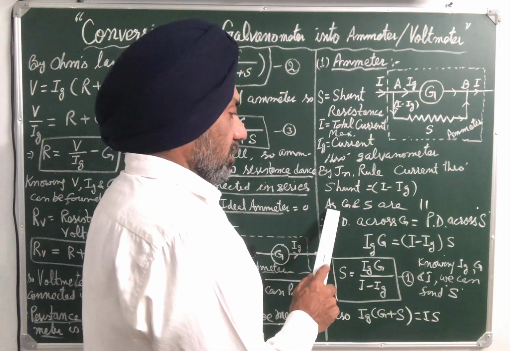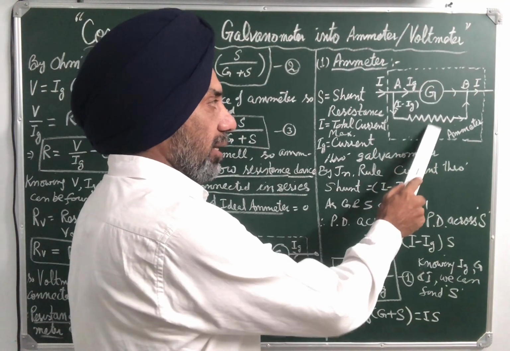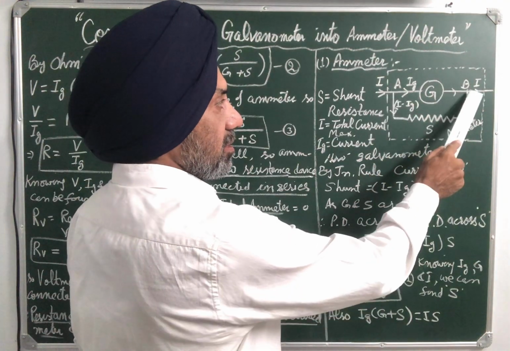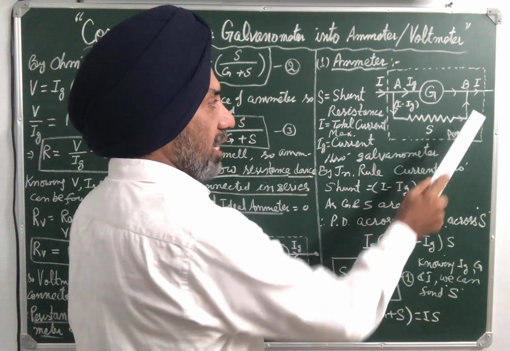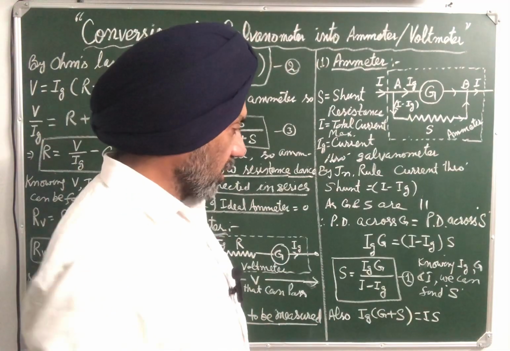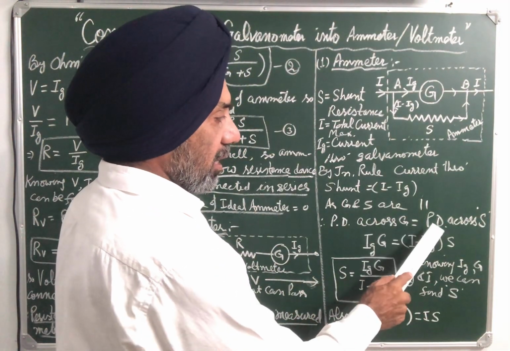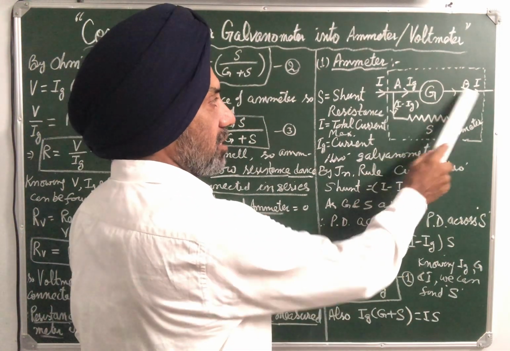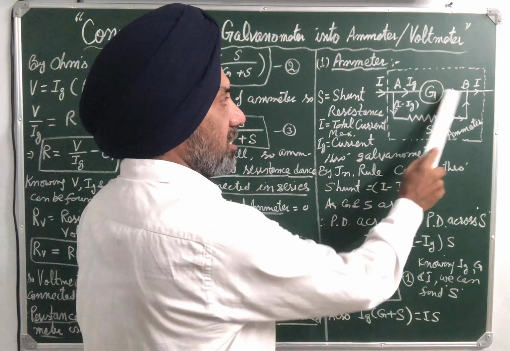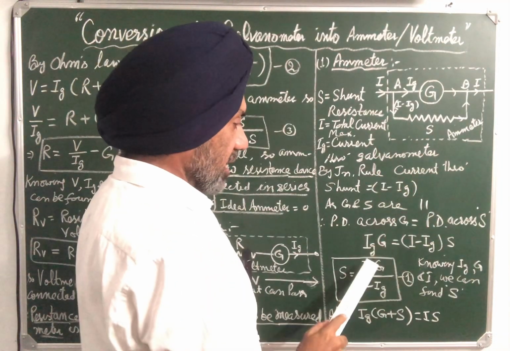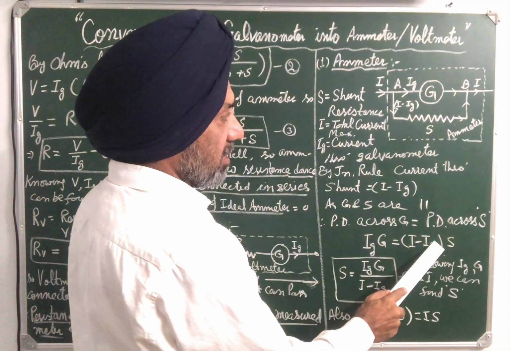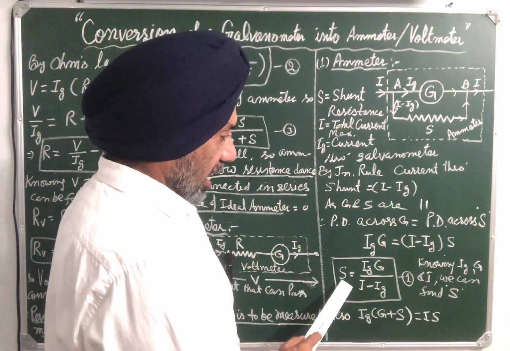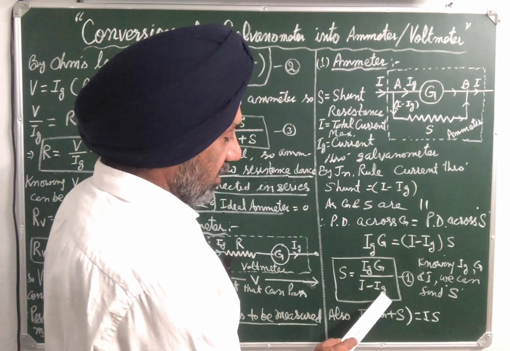Now, as galvanometer and shunt resistance are parallel to each other, the potential difference across G and the potential difference across S must be equal. So potential difference across galvanometer is equal to potential difference across S. Potential difference means current into resistance. So through galvanometer, Ig current, G resistance, Ig into G must be equal to I minus Ig into S, or S is equal to Ig into G upon I minus Ig.